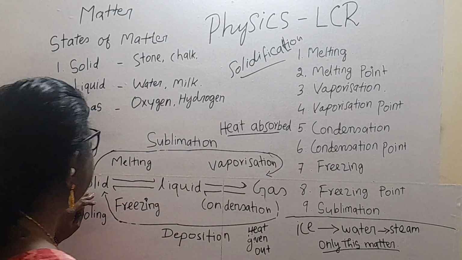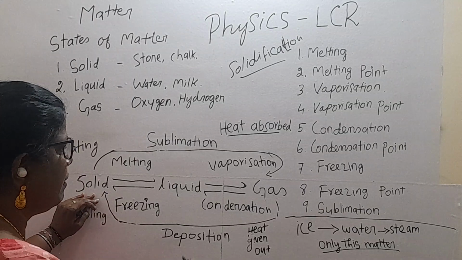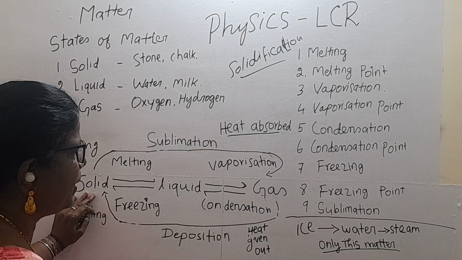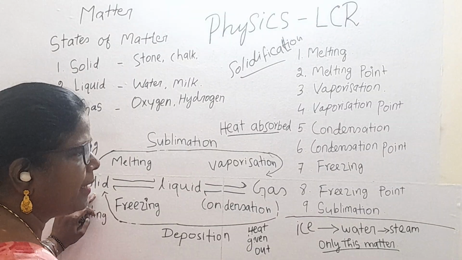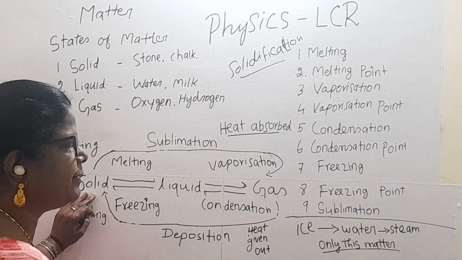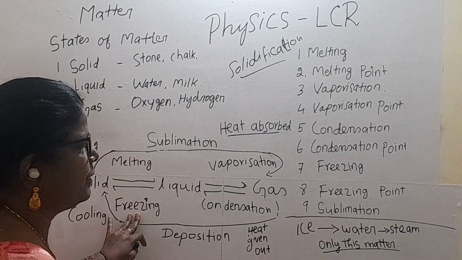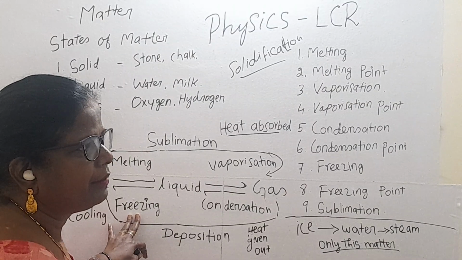So here we can mention ice. Ice melts at 0 degree centigrade. That is the melting point we can say. Then water freezes at 0 degree centigrade.